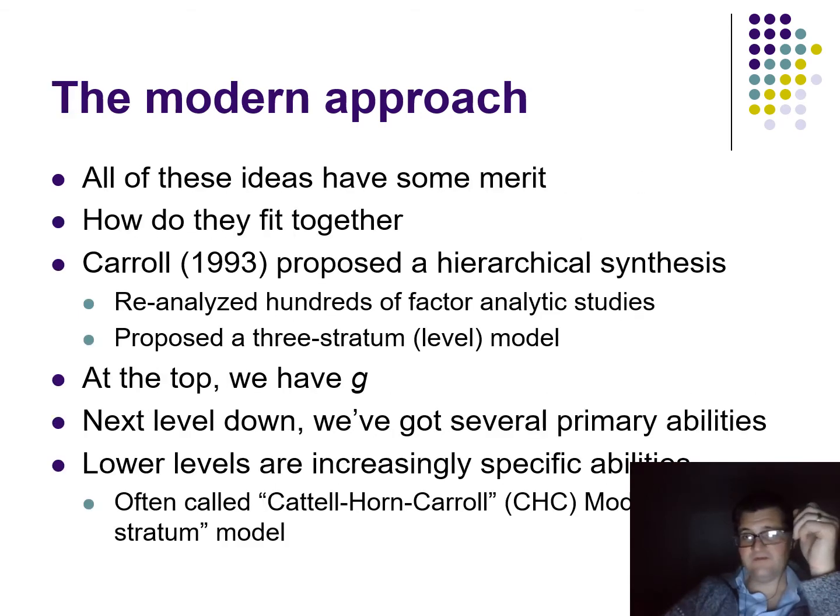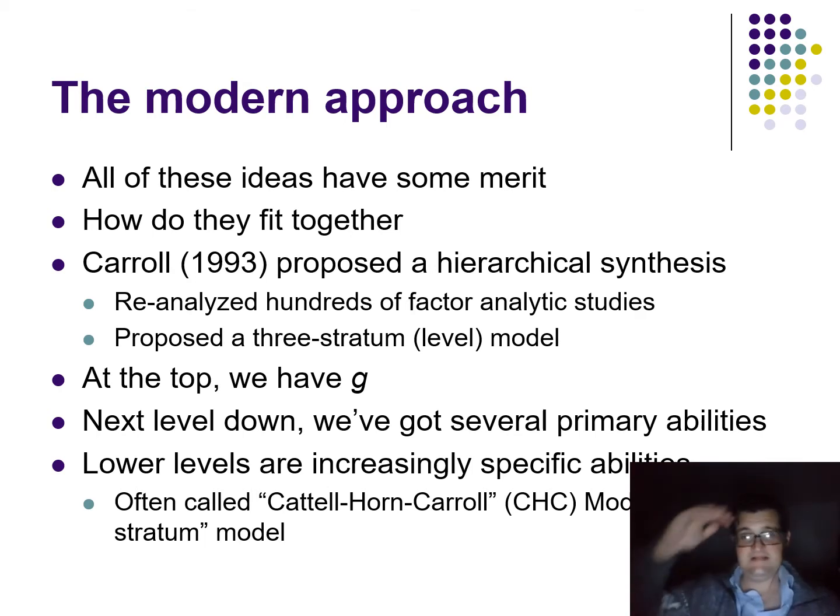The modern approach is that all of these basic ideas have some merit, and people have tried to figure out how it all fits together. In general, amongst mainstream industrial organizational personality psychologists, this Carroll model or something like it is pretty well accepted. He reanalyzed hundreds of factor analytic studies, and he proposed what he calls a three-stratum model.